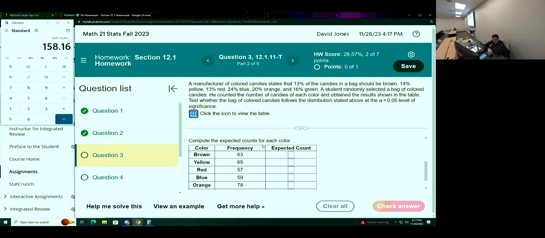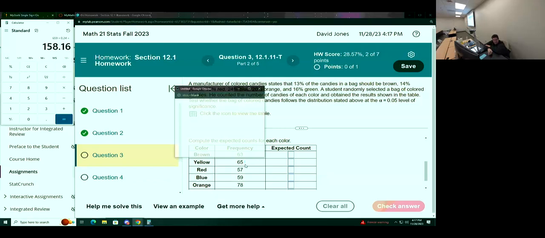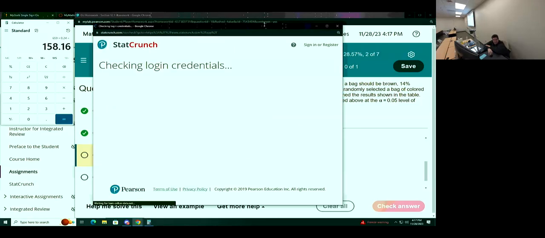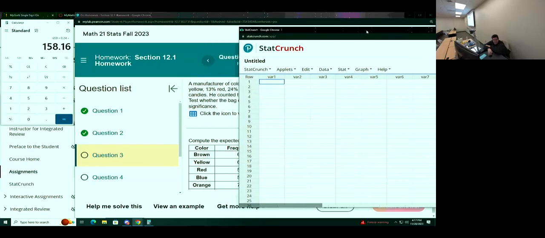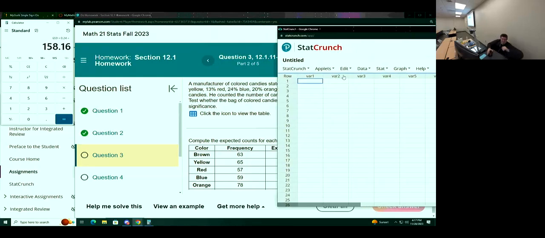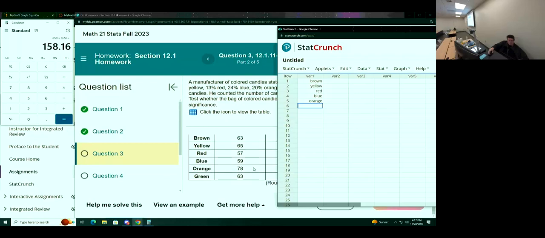Yes, there is a short way of doing this. If you want the fast way of doing this, oh, there's not a fast way of doing this. I forgot that only works with equal proportions.